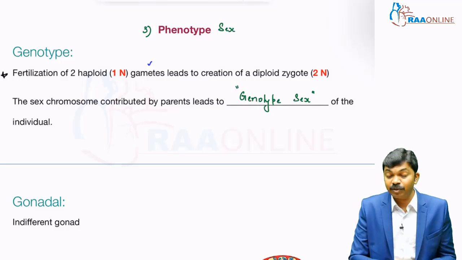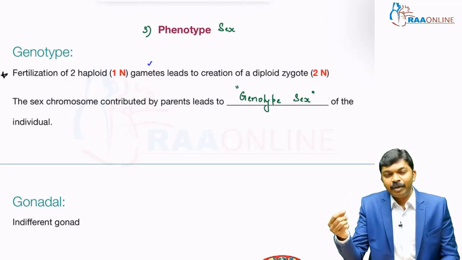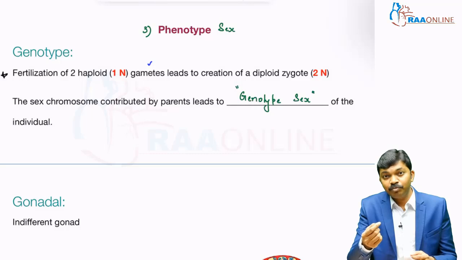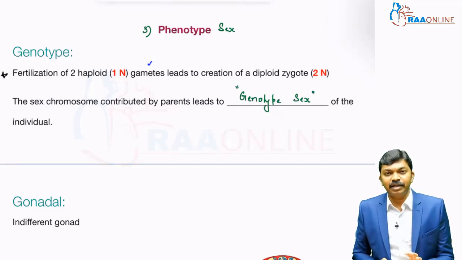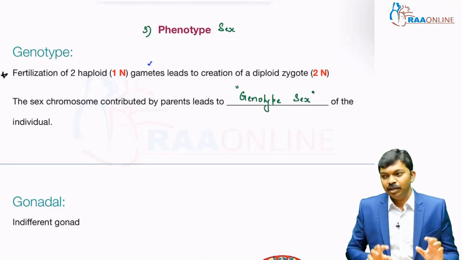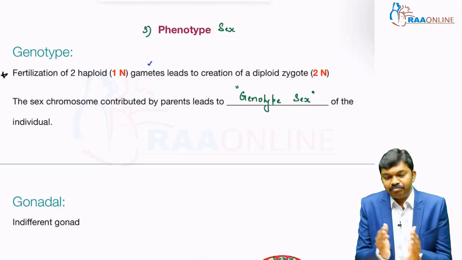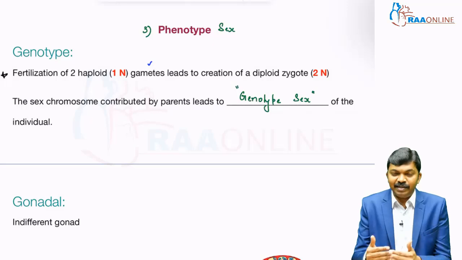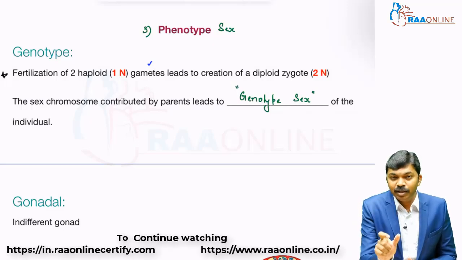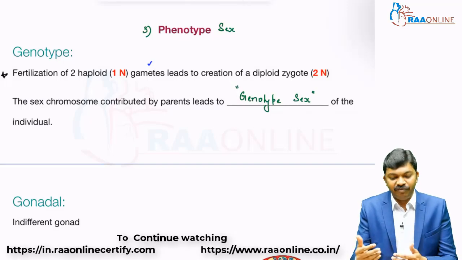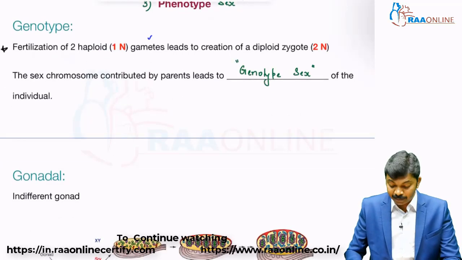It's the parent. As I was telling you, the male gamete would be bringing in one sex chromosome, maybe X, maybe Y. The female gamete would be bringing in another sex chromosome, definitely X. So based on the arrangement, is it XX or XY? We are going to identify someone by gene as male or female, and that is what is called genotype sex, doctors.